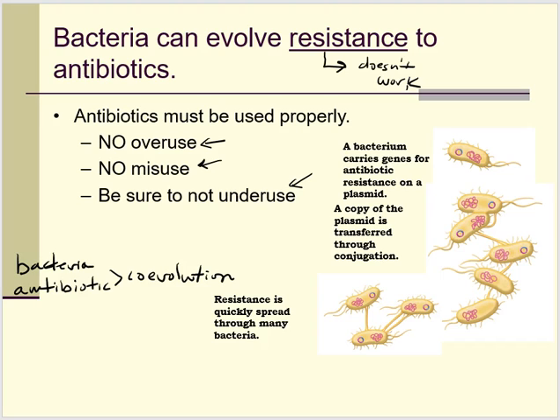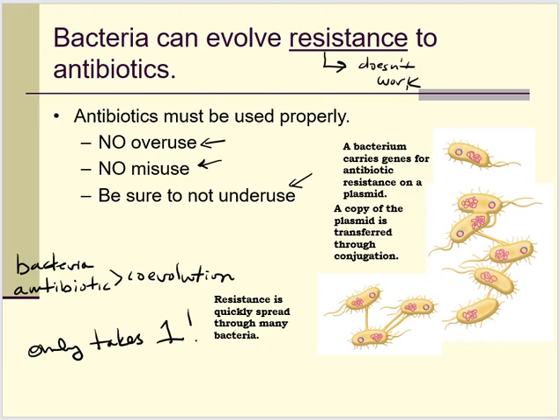You have to run the whole course to make sure, because how many bacteria does it take to make you sick again? 1. If 1 survived, it's a process that's going to start all over again, and you've already used that antibiotic. What's the odds that bacteria knows what that antibiotic is now? All right. So you've got to use it exactly as prescribed.